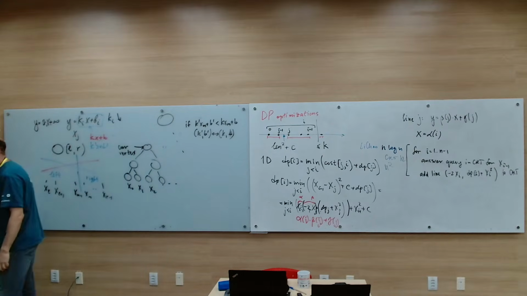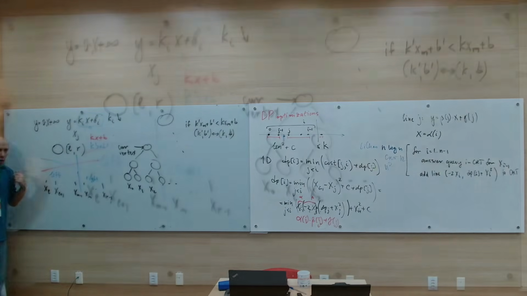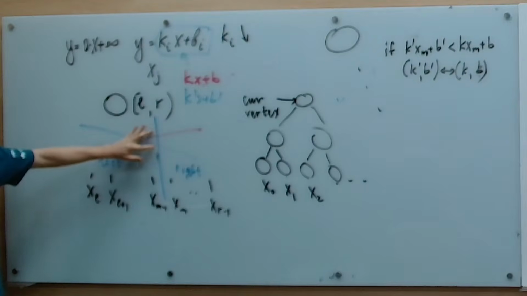Now the second step, we must decide to which node we should descend with our line on hold, which is now again k prime, b prime, no matter what it is. Let's see. So consider this point. At this point now we know that the k, b line is better. So will it override our new line?